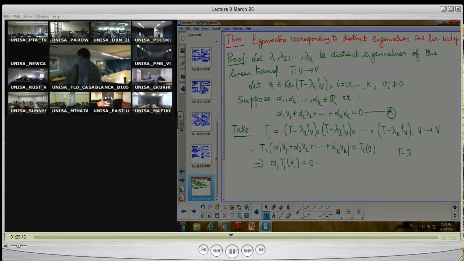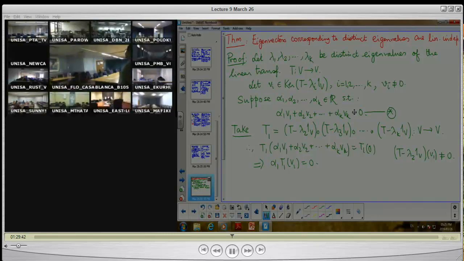First thing. Why? If this was 0, then you would have T of V1 equal to lambda 2 of V1. That means V1 would also belong to the eigenspace for lambda 2.